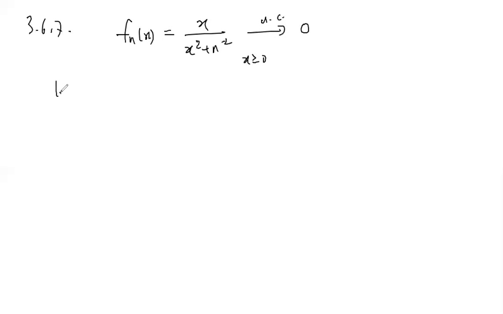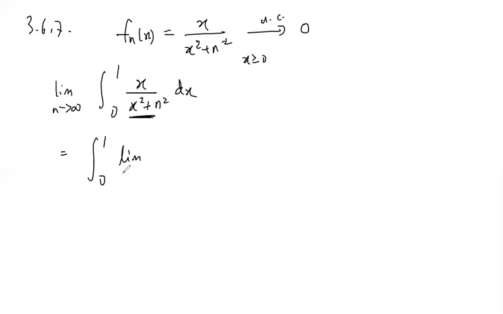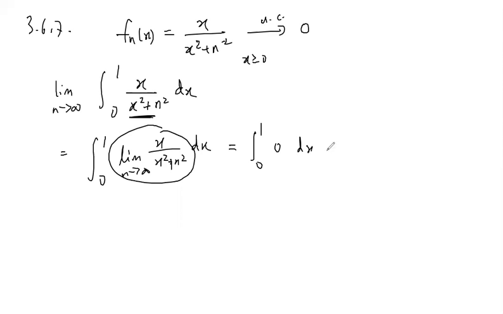This means that if you make some integral like this, since this is uniformly convergent, you can move the limit sign inside, and then you can evaluate this limit here, which is basically 0. So you integrate this.